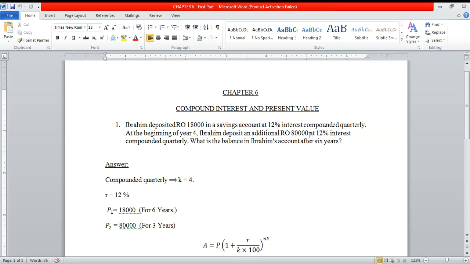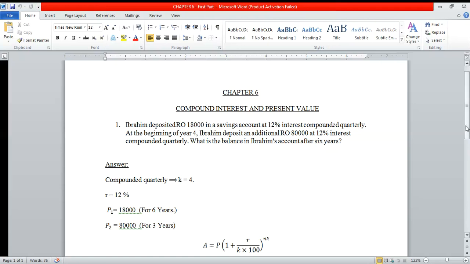This second principal was invested at the beginning of year 4, so it will be deposited for the 4th year, 5th year and 6th year. That means this amount will be for 3 years.